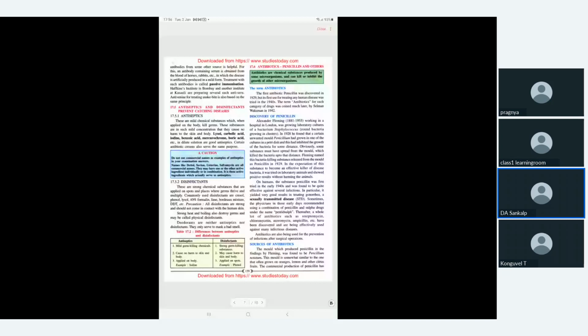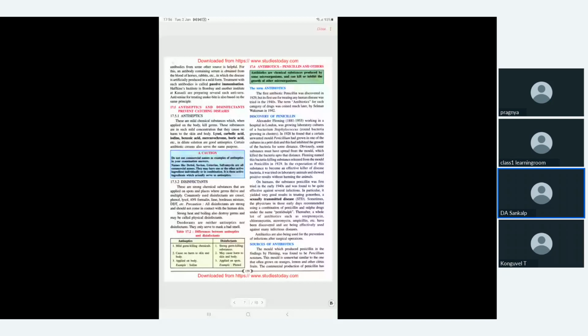These substances include Lysol, carbolic acid, iodine, and benzoic acid. They act on small bacteria or any pathogens which you cannot see, for example on the floor. So you use Lysol as a floor cleaner.